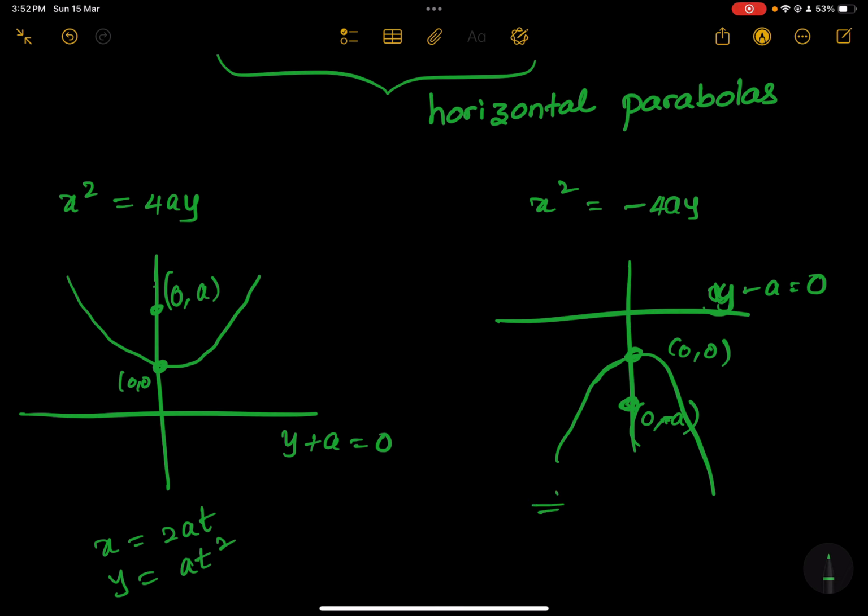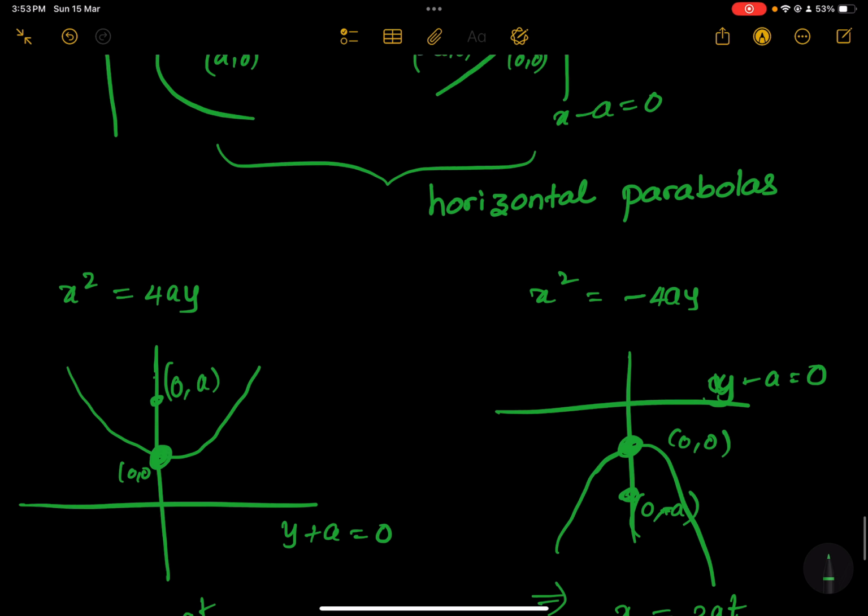And for this particular form, the parametric equation will be x equal to 2at and y equal to minus a t square.